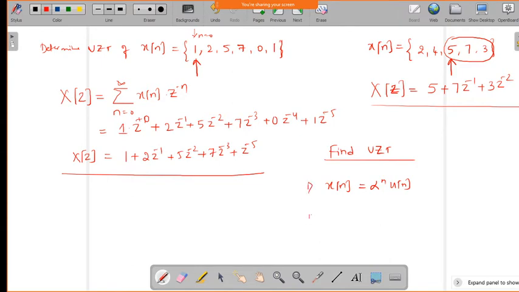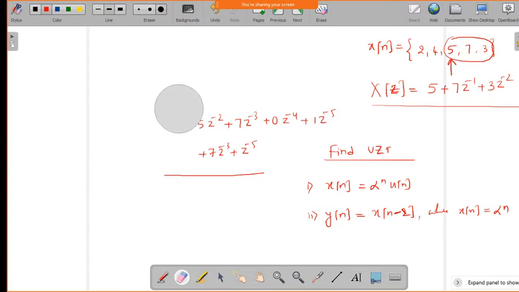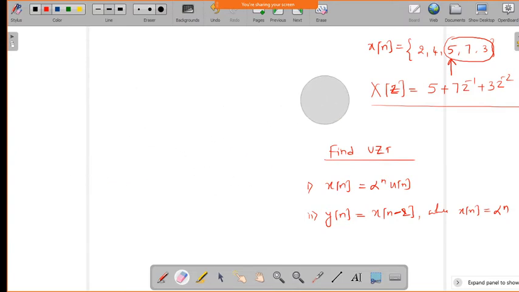The second one will have y of n, which is given by x of n minus 2, where x of n is equal to alpha power n. So find out how we can do this. Write the expression for X of z, put the value of x of n and try to find out.